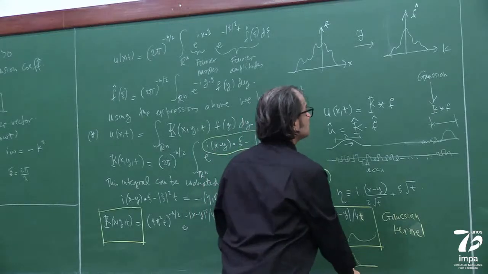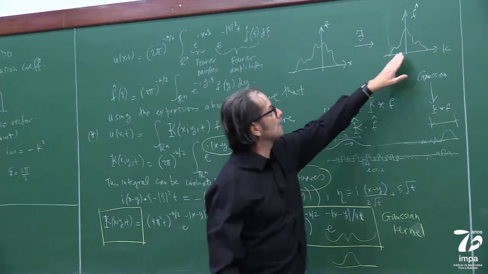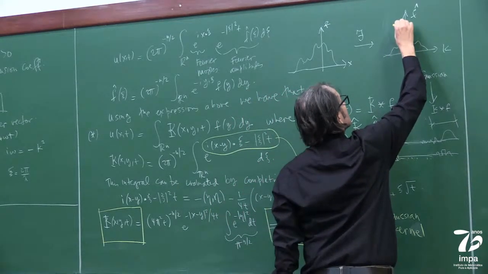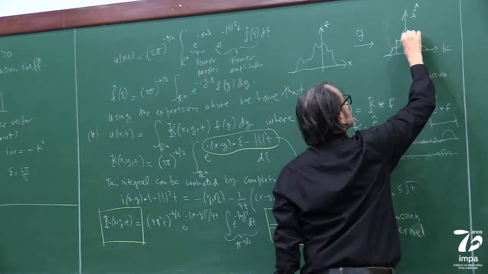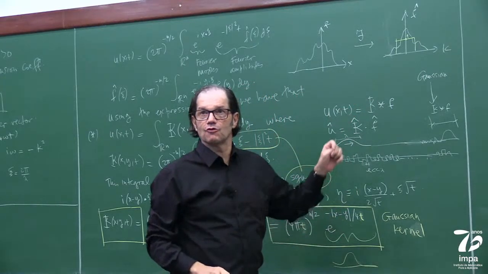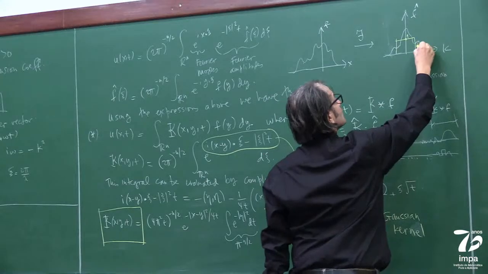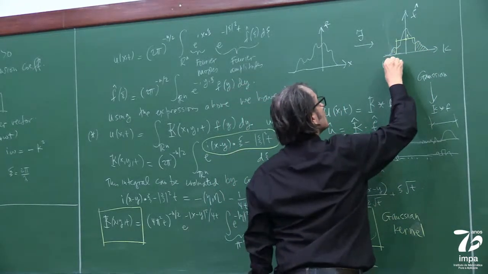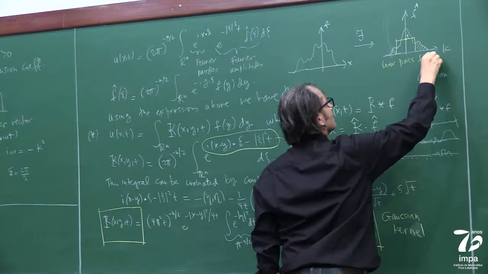So if I multiply in Fourier space this by this function here, which is 1, what am I doing? I'm filtering out this part. So this is called a low pass filter.